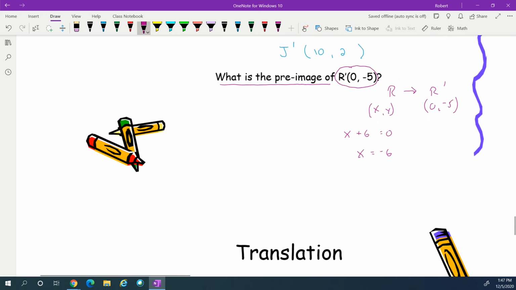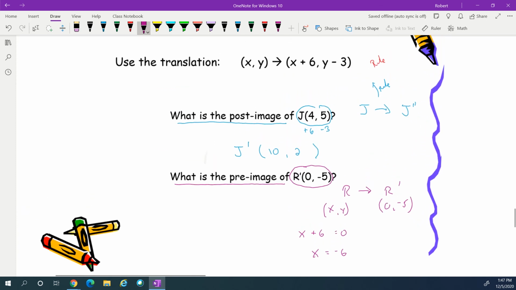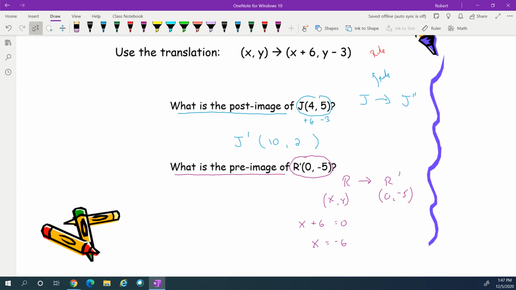So for wherever R was, the original x, the rule said add 6 to get to prime, which is at 0. For the y's, the original y, the rule says subtract 3 to get to prime.